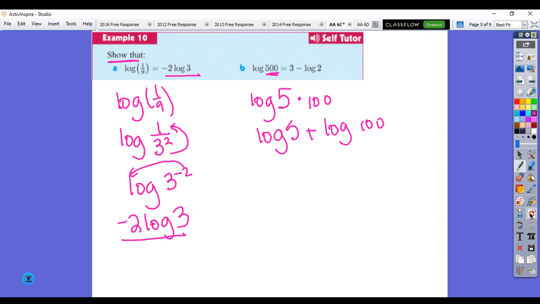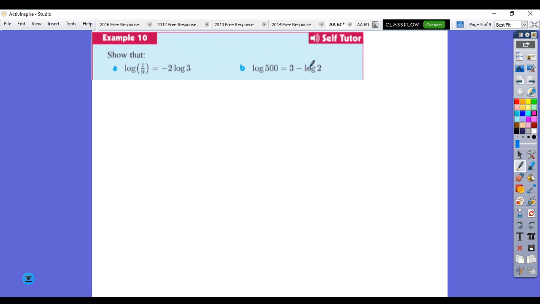So let's kind of start over. And let's think, okay, so we're subtracting. So what does that mean I need to do on this side? That means I'm going to have to divide, right? To get to subtraction, we're going to need to divide. All right, so now let's keep thinking.